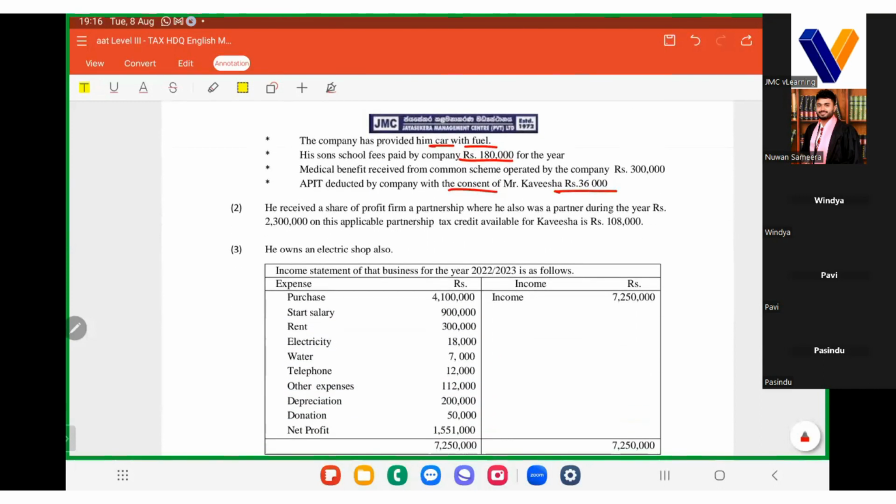Further, he received a share of profit from a partnership where he was also a partner during the year, 2.3 million. The applicable partnership tax credit available for Kavisha is 108,000.